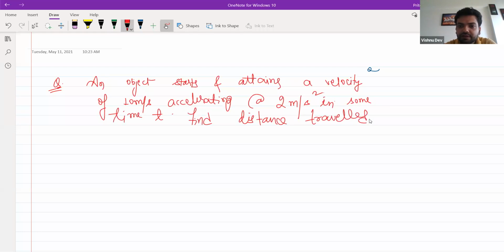Let's say I give you this time as 5 seconds. So how will you find the distance traveled? Quickly calculate it.